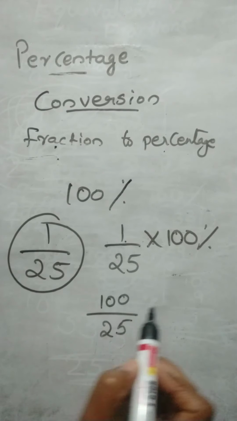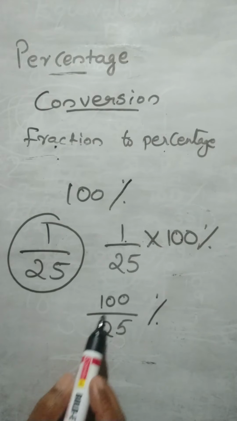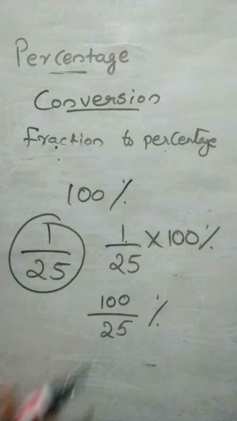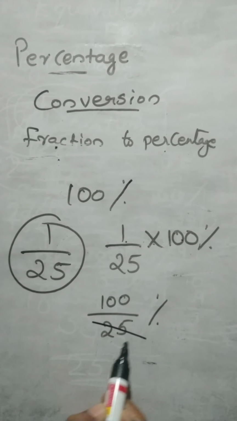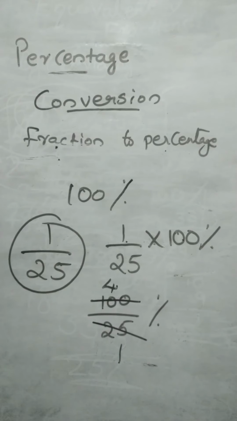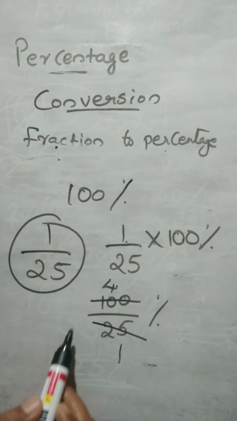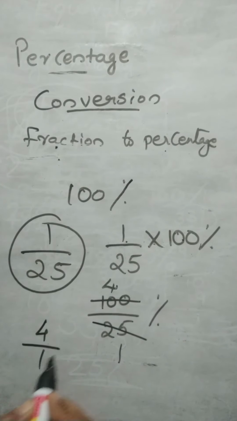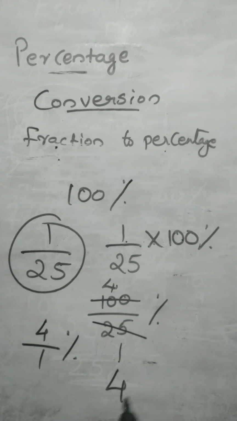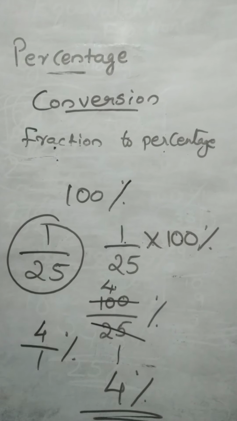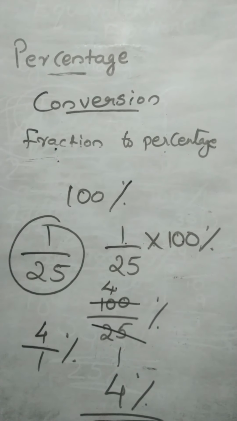We can cut this 25 and 100: 1 25 is 25, 4 25s are 100. So we can say 4 on 1 percentage. That is 4% is the answer. Okay. I think you got the idea. How can we convert fractions to percentage?